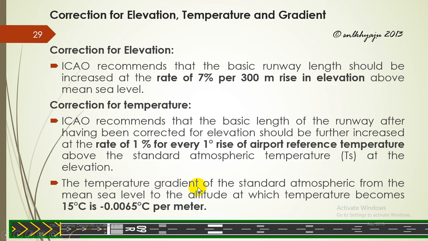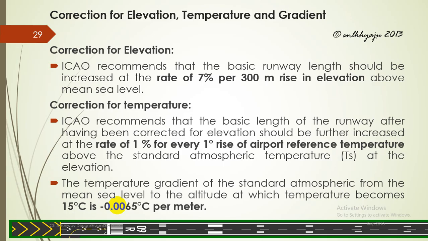The temperature gradient of the standard atmosphere from the mean sea level to the altitude at which the temperature becomes 15 degrees Celsius is minus 0.0065 degree per meter. That means the standard temperature of an airport at sea level is 15 degrees Celsius, and when the airport has to be planned or designed at, suppose, 100 meter elevation, the standard temperature decreases at 0.0065 degrees Celsius per meter.